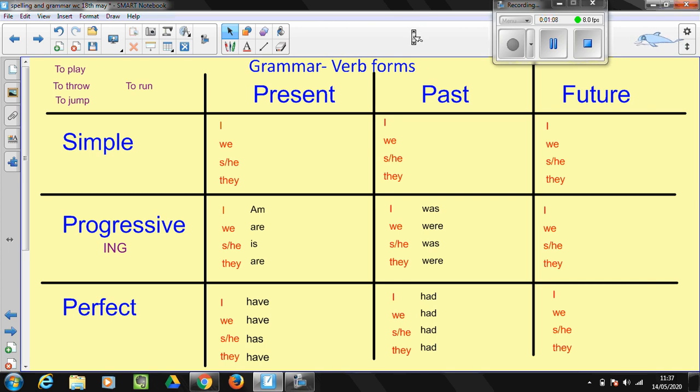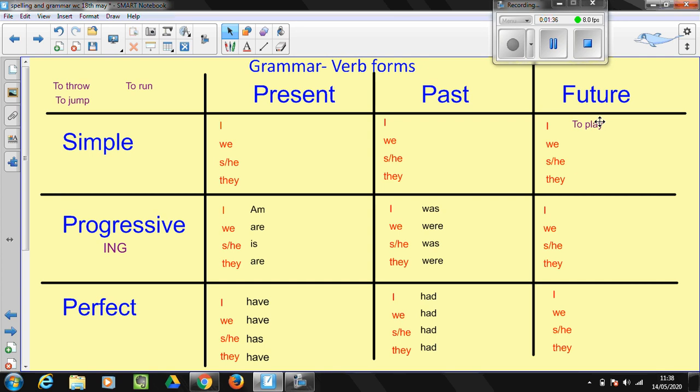So let's try it with the infinitive form of the verb to play. If I have it in simple present, I would have I play, we play, he or she plays, and they play. If it was simple past, I'd have I played, we played, he or she played, and they played.